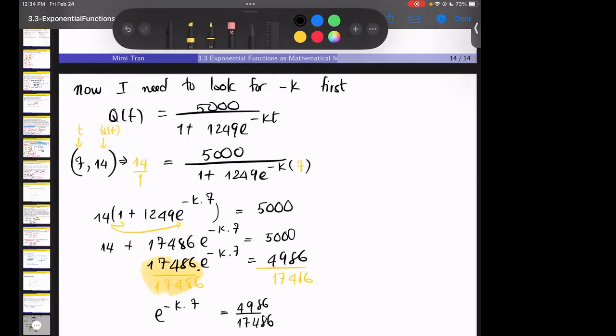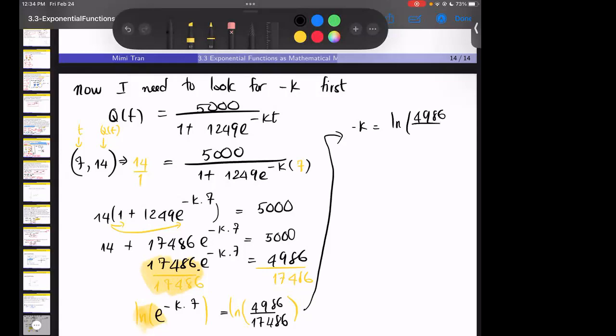How do I bring down the negative K? We did this last time. Take what to both sides? What cancels e? ln, right? So ln both sides. That cancels. Go back here. So negative K times 7 equals ln of 4,986 divided by 17,486.